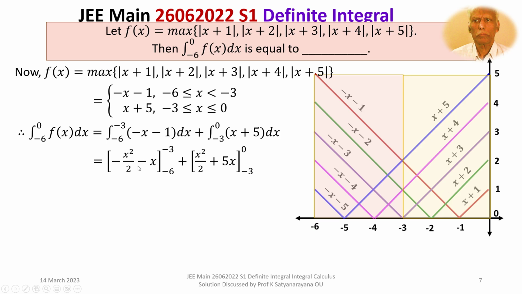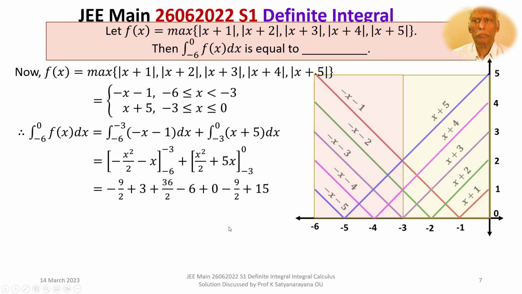For the upper limit, it is minus 9 by 2 plus 3. For the lower limit, it is 36 by 2 minus 6. In the second bracket, for the upper limit, it is 0. For the lower limit, it is minus 9 by 2 plus 15.